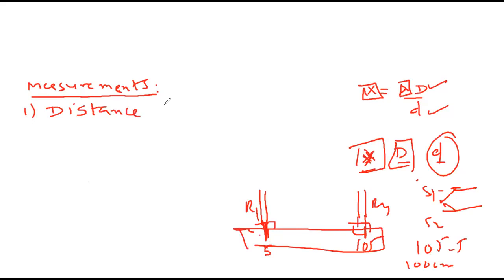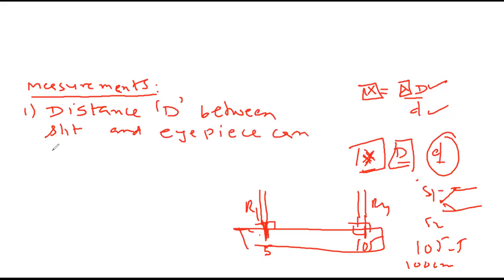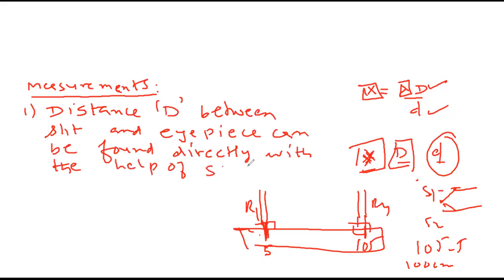Distance capital D between slit and eyepiece can be found directly with the help of scale fitted on horizontal metallic bar.